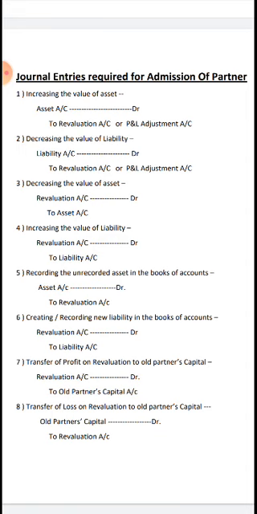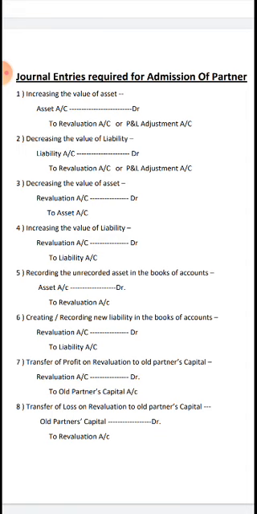Seventh transaction is transfer of profit on revaluation to the old partners' capital. After transferring all the adjustments regarding revaluation of assets and liabilities, we close our revaluation account, and after closing we get either a profit or a loss out of that revaluation account. If there is a profit, how will you transfer it to partners' capital account?